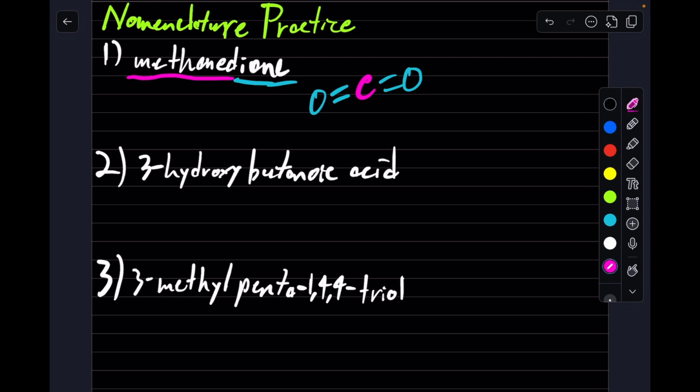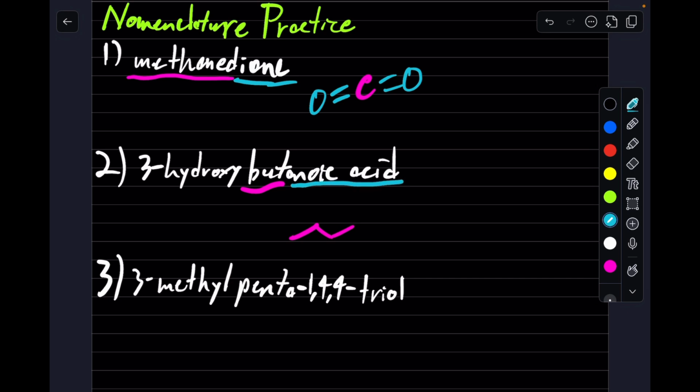And moving on to question 2. First, we'll just draw the main chain. So 1, 2, 3, 4 carbons. Now let's draw this.